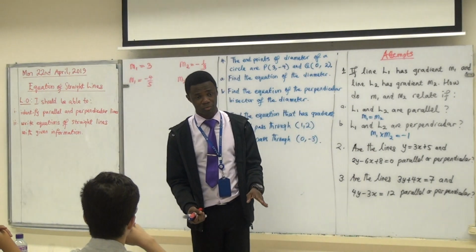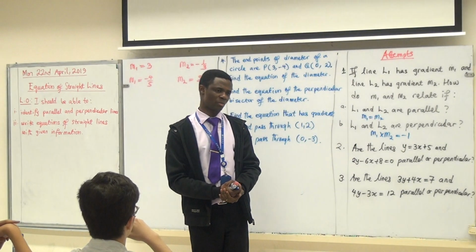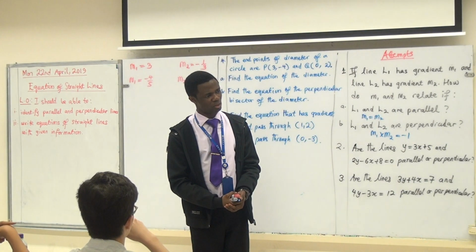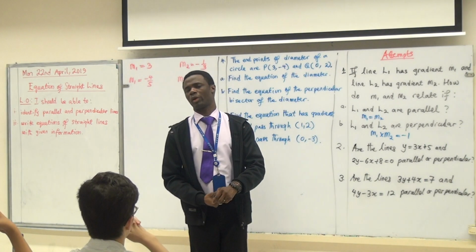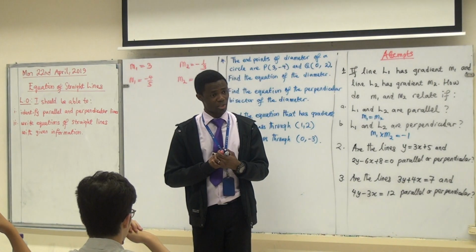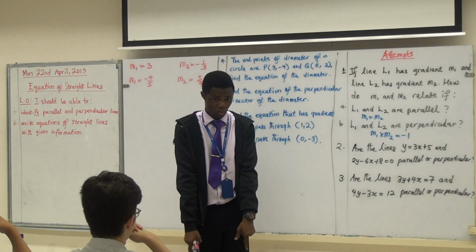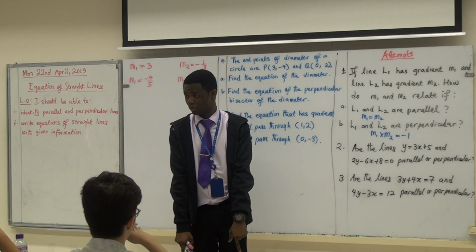And if you didn't do it before, when two lines are parallel, they have the same gradient. When two lines are perpendicular, the product of their gradients is negative 1. You might say you were not taught in Form 2. I'm very sure you were taught in Form 1, because I taught my current Form 1 students.